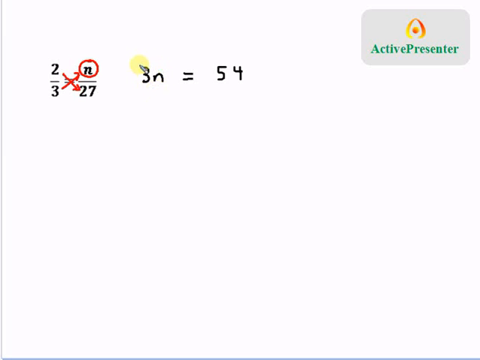Well, we're multiplying 3 times n, so that means we're going to divide by 3 to get n all by itself. And the reason we can do that, again, is because 3 divided by 3 is equal to 1. And 1n is really just n. So n is what we have left on the left-hand side when we divide by 3. 3n divided by 3 is equal to n.